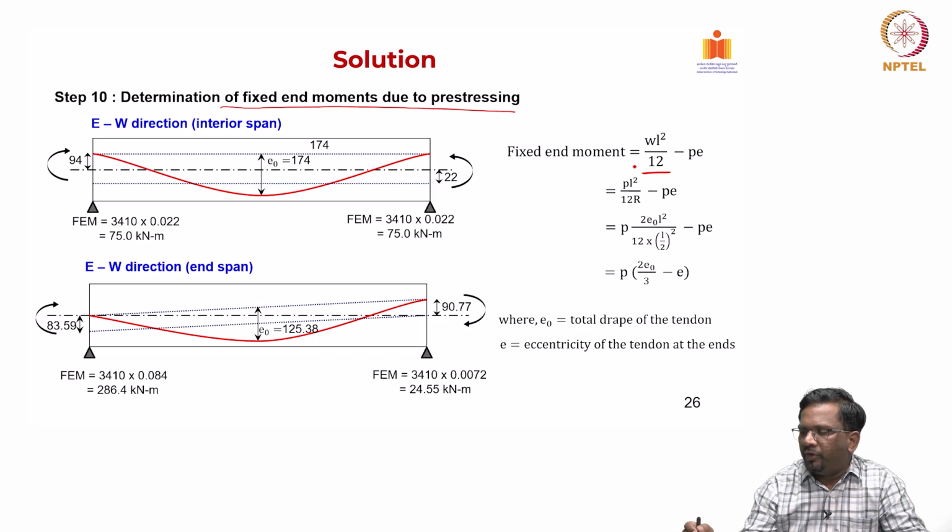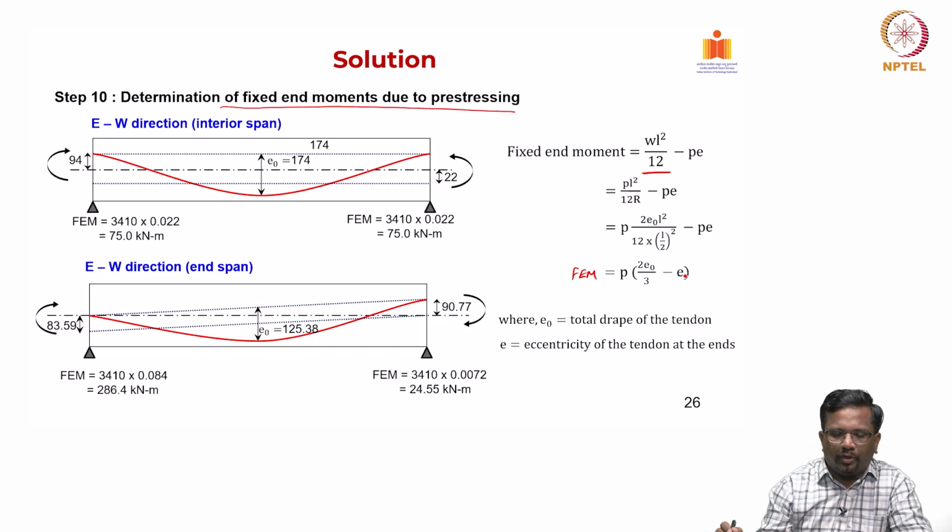Now, what is W? W is nothing but P by 12 R, which we know, so it is equal to PL square by 12 R minus small p into E. Now, we can simplify that and find the fixed end moment as small p into 2 E naught by 3 minus your eccentricity.